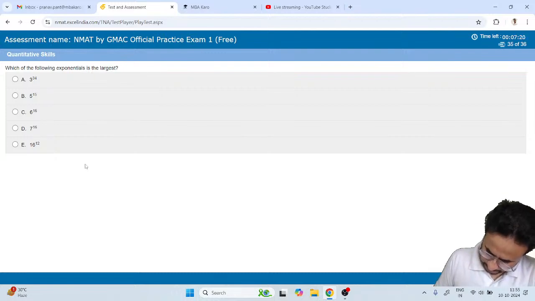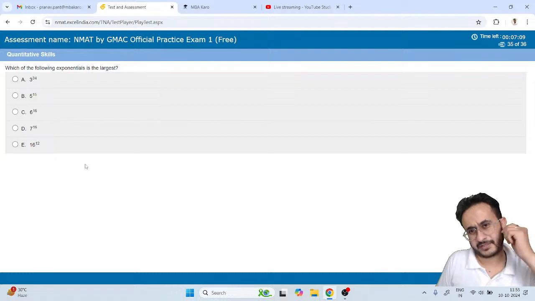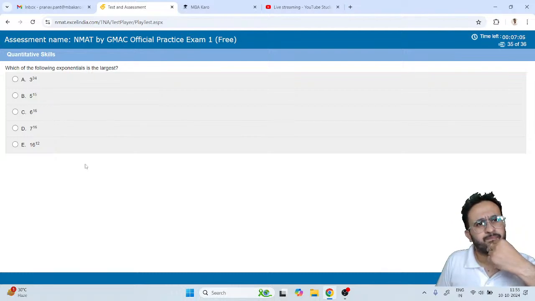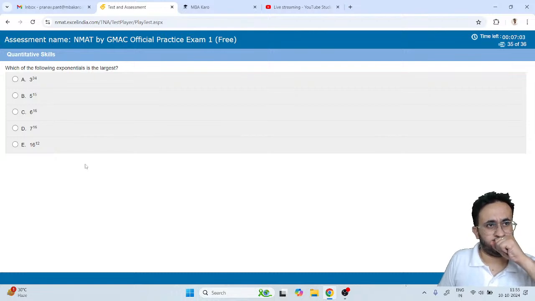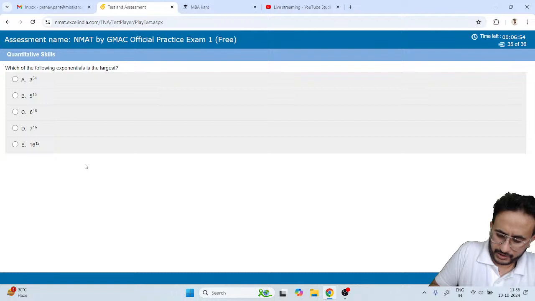4 power 24. So 9 to the power is less than 1.5 times. 9 to the power 1.5 would be 9 to the power 3 by 2, which is 27.